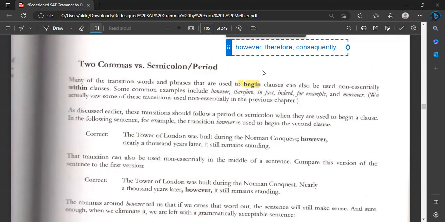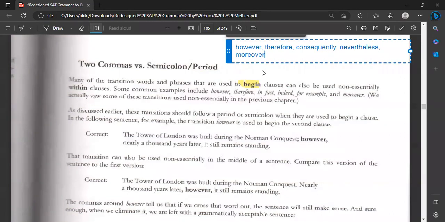You don't need to memorize this. You just need to be familiar with them. Nevertheless. Moreover. Feel like I'm forgetting one more.